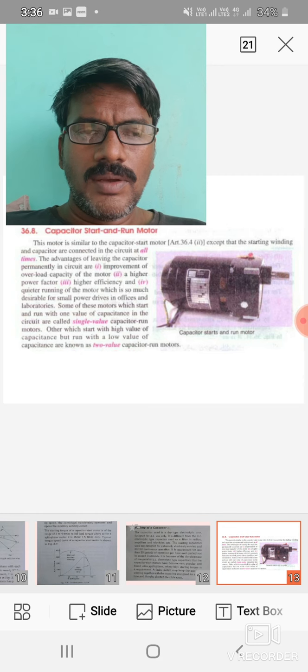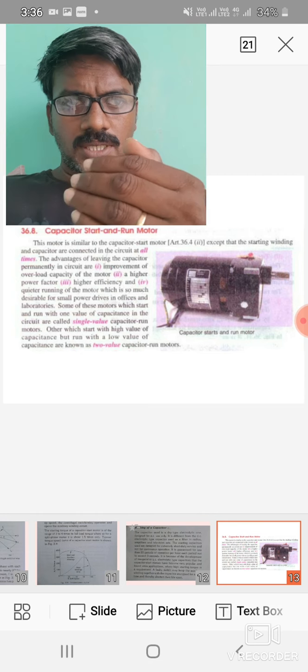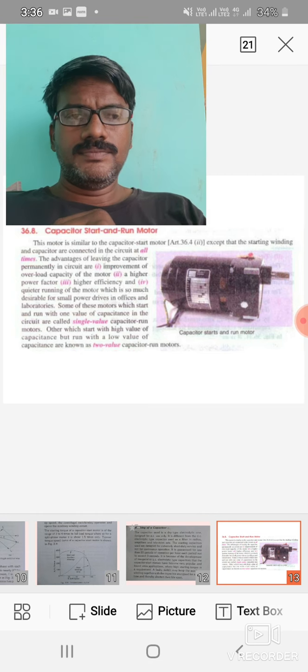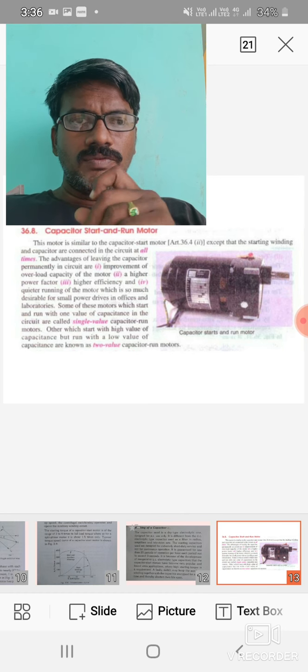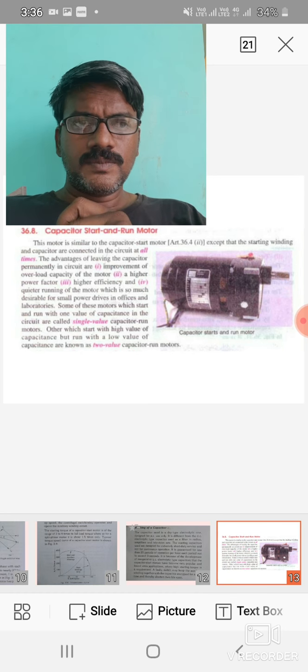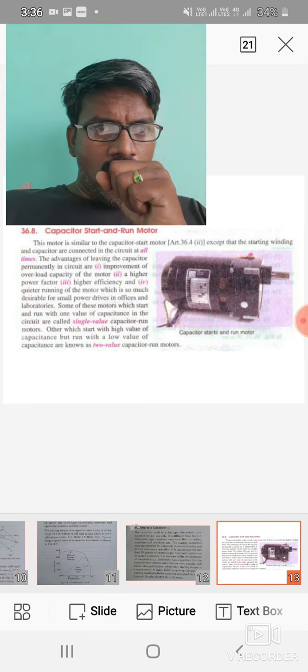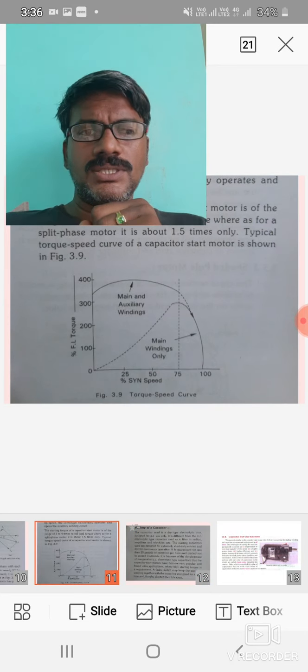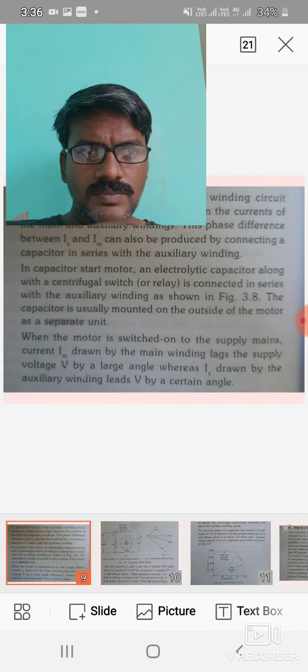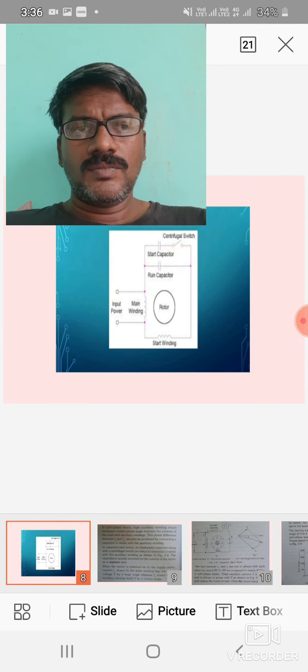Before going to it, we will recap what the capacitor start motor is, only the capacitor start motor.